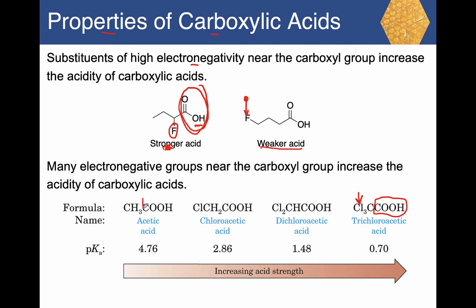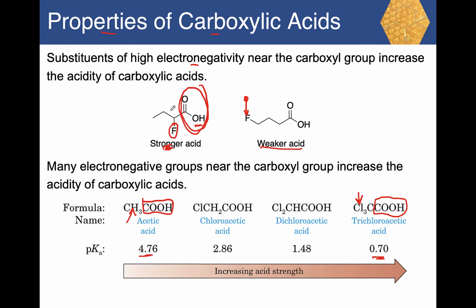Over here, here's the carboxylic acid functional group again, and this has 3 hydrogens, not as electronegative as chlorine, therefore this is a weak acid. Of course, we know it's a weak acid because it is acetic acid. You will recall that the pKa scale is used to measure the strength of acid. The smaller number, 0.75, is a strong acid, and the larger positive number here represents a weaker acid.